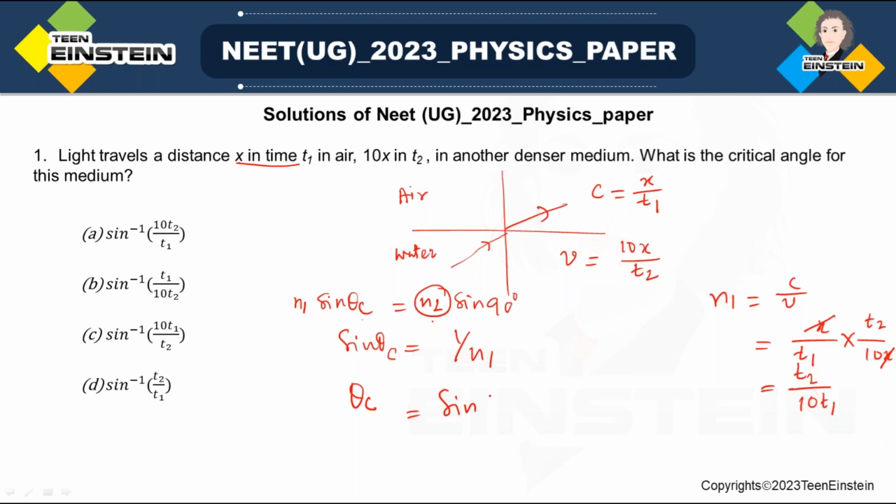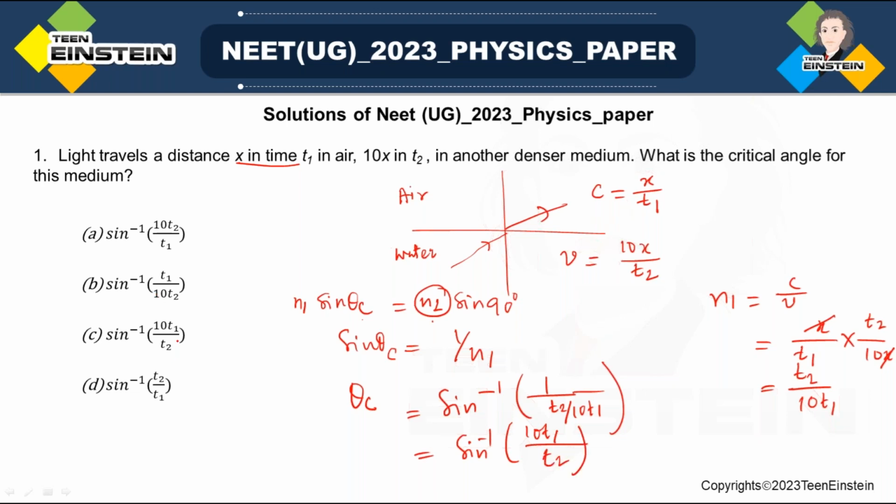Then theta c will be sine inverse of 1 over n1, which means t2 divided by 10 t1 inverted, or we can write sine inverse of 10 t1 by t2.